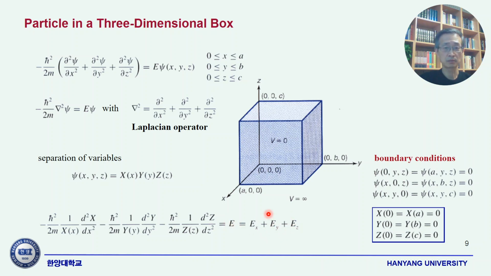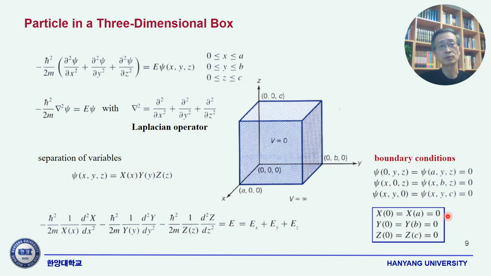This makes it easy to make a correspondence to each term: E_x for the x term, E_y for the y term, E_z for the z term. Those are constants, so you can break up like that. Also your three-dimensional boundary condition can be reduced, for individual x, y, and z, to the same as your one-dimensional problem.